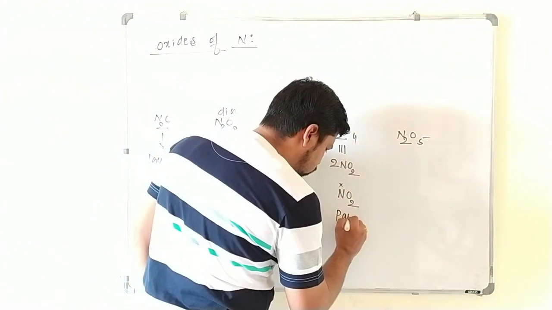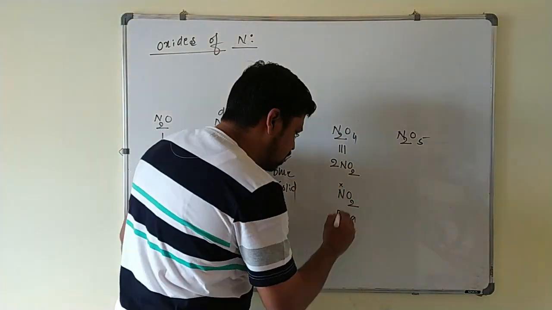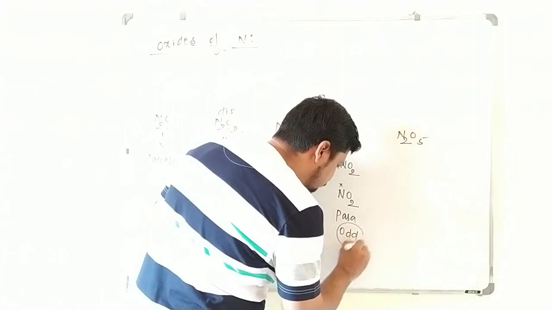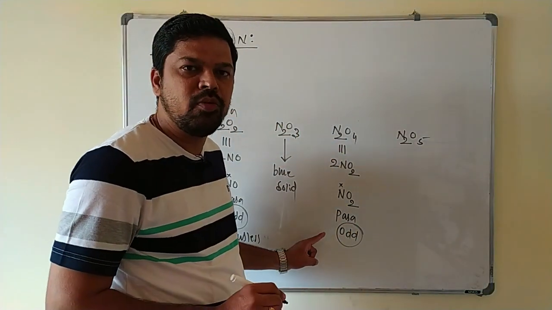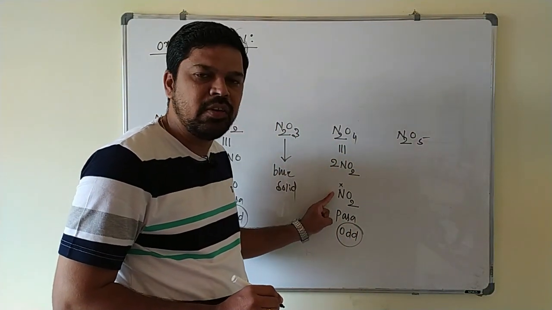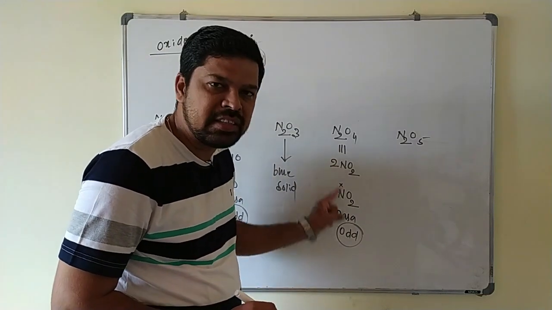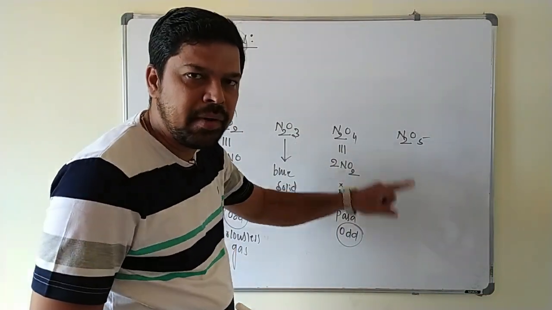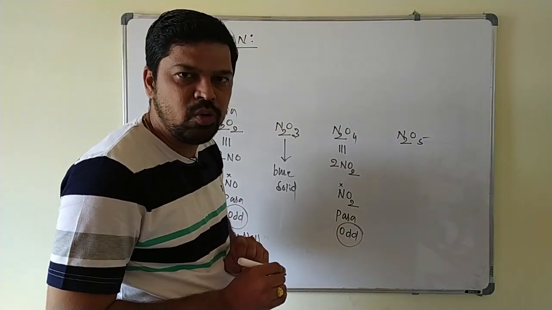So this is paramagnetic in nature, being an odd electron molecule. In an odd electron molecule the octet is not satisfied over all atoms, so such molecules are unstable. That's why they readily undergo dimerization to form a stable N2O4 molecule.